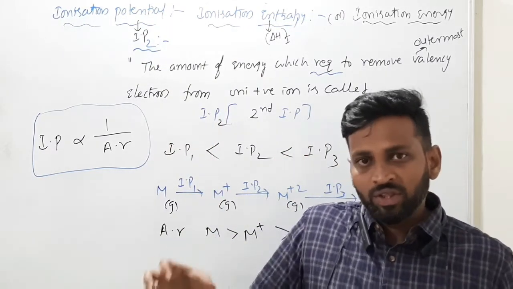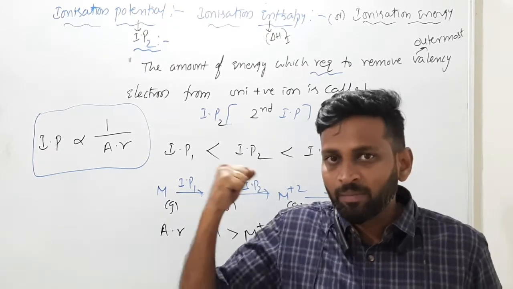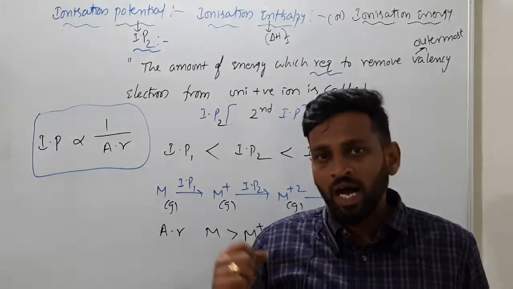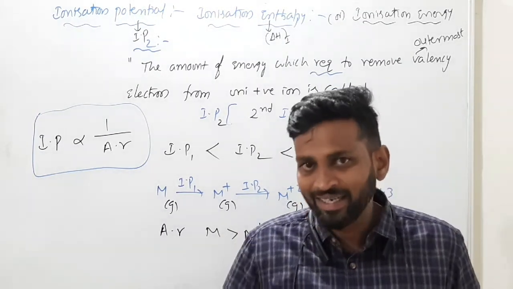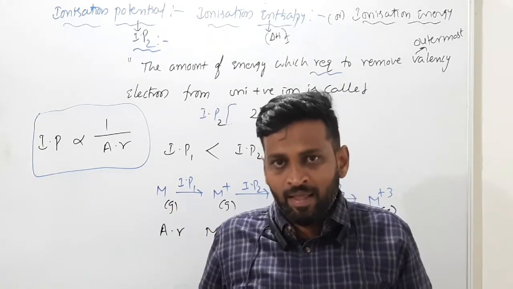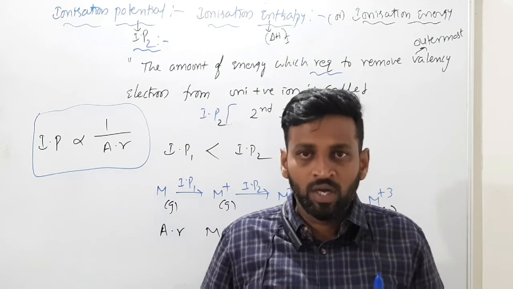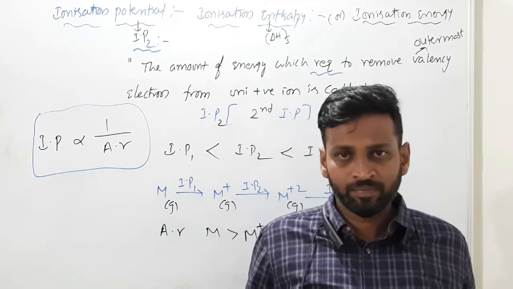Suppose I have some money in a bag with me. If that bag is with me, I will hold it tight. Can you take that money from me easily? No, because the distance between the money and me is less, which means attraction is more, so removal of that money from me is difficult.